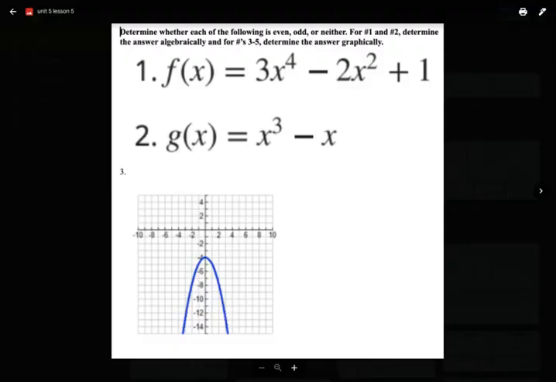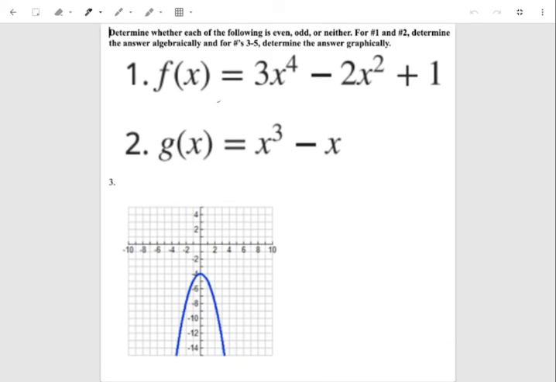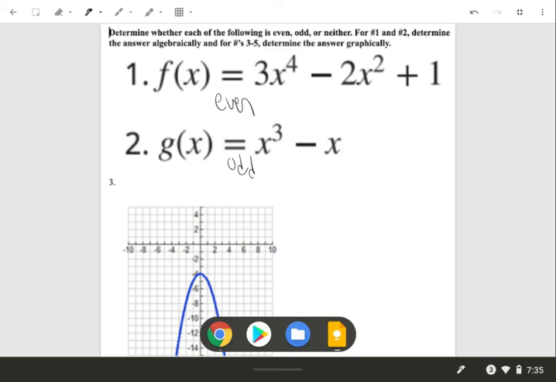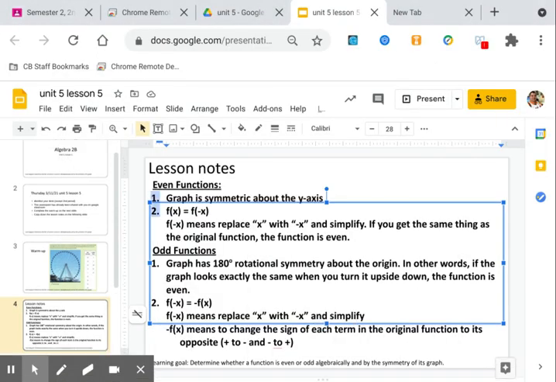Now for the rest of the examples, for numbers 3 through 5, determine the answer graphically. Let's go back to our lesson notes. For even functions, notice it says the graph is symmetric about the y-axis. For odd functions, the graph has 180 degrees rotational symmetry about the origin.